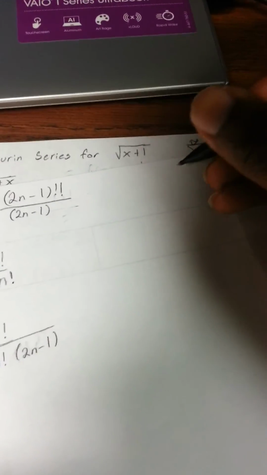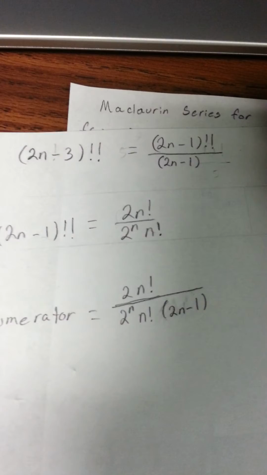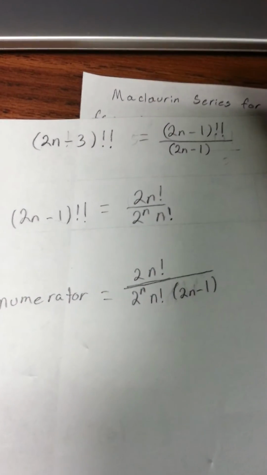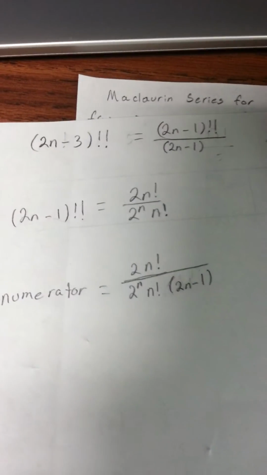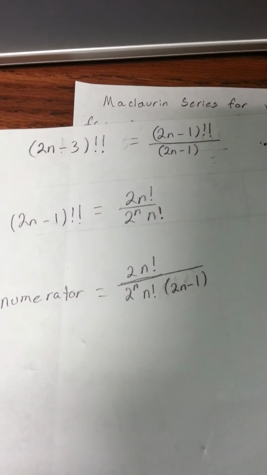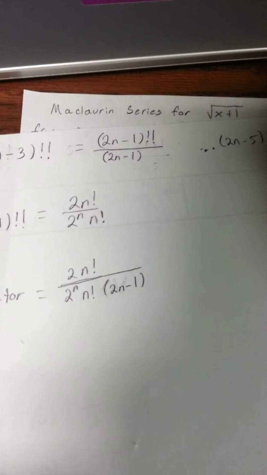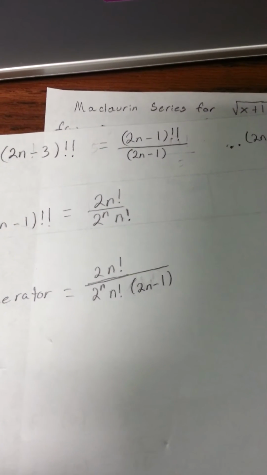Basically you have terms like 2n minus 5, the dots, terms coming before that, 2n minus 3 times 2n minus 1.